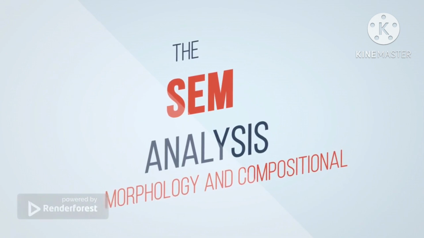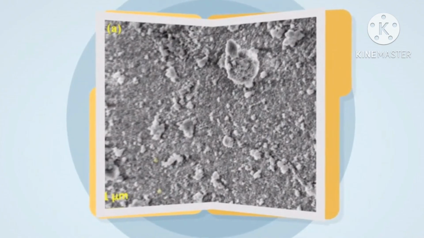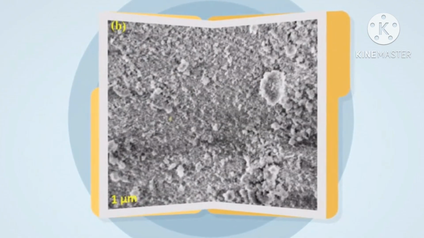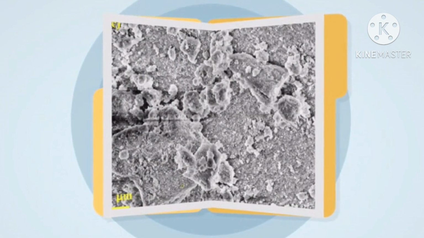To analyze morphology and composition, we used a scanning electron microscope and a transmission electron microscope. It's clear from these figures that a greater number of secondary particles are aggregated to form agglomerations.